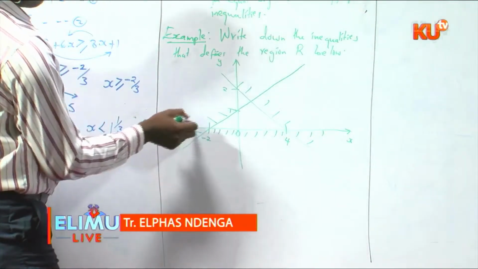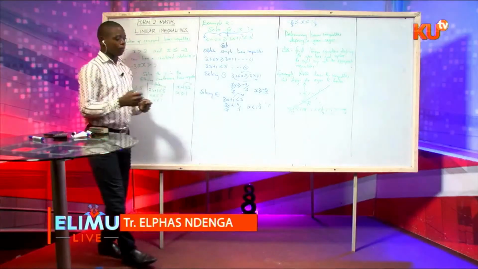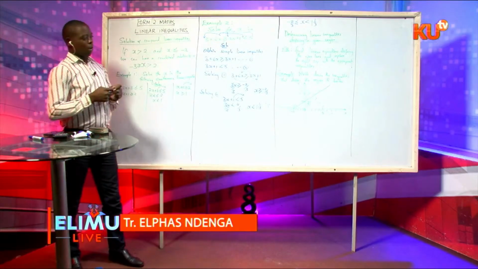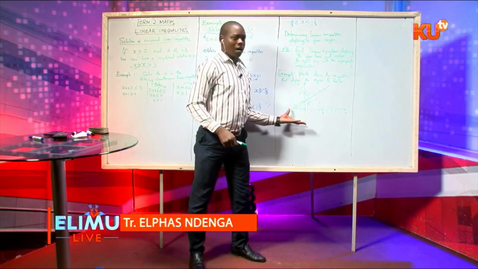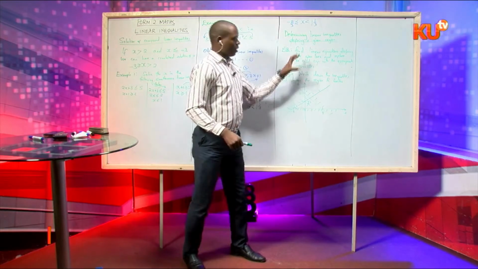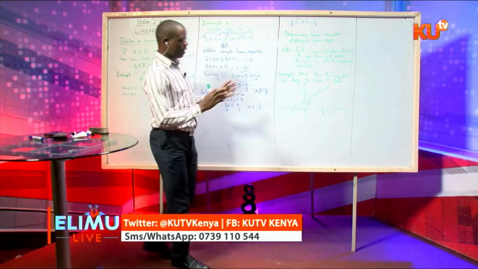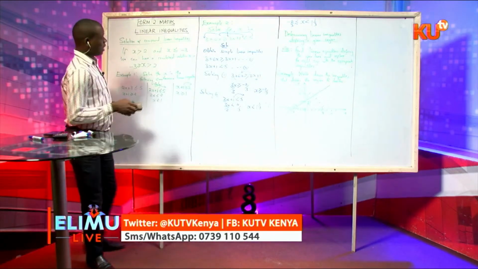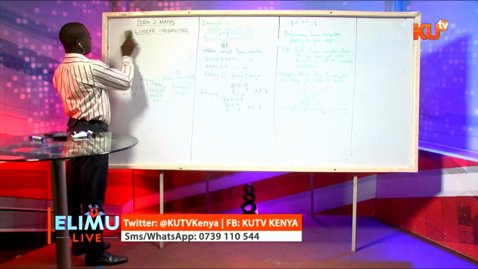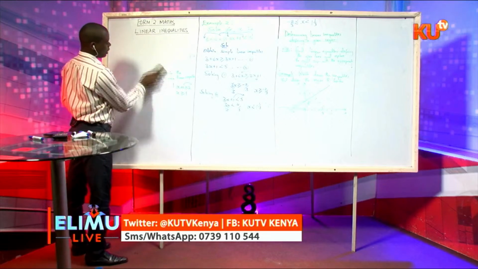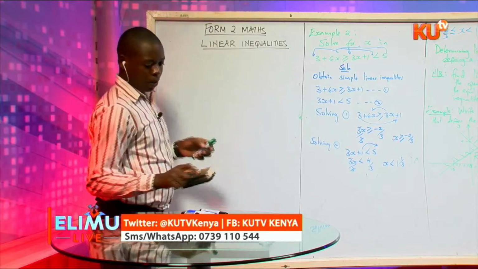So you've this kind of drawing, and this is the region R. And so you are asked to give the inequalities that are defining this region R. We shall follow this NB: for each of the lines that are enclosing that region, get the linear equations first, then we shall replace in with the appropriate inequality sign to define the given region.